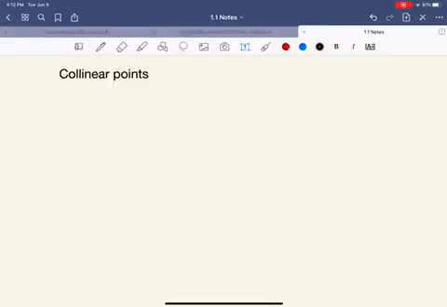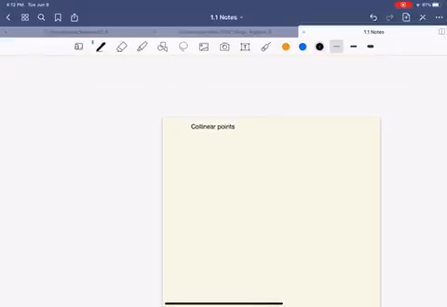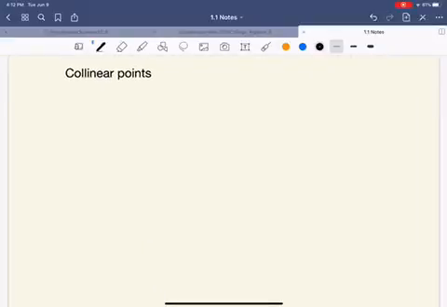All right, welcome back. We're going to do another problem dealing with the distance formula. It deals with collinear points.